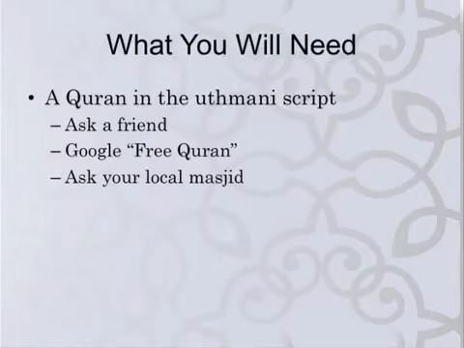So if somebody who does not know Arabic wants to read the Quran, well, the best way to do it is to read a translation only. The Arabic, you don't know it yet, so when you Google free Quran, they're going to send you a copy of the translation of the Quran. You want the original Uthmani script in Arabic. That's what you want. You can also ask a friend, and finally you can ask a local masjid and tell them you need a Quran in the Uthmani script.